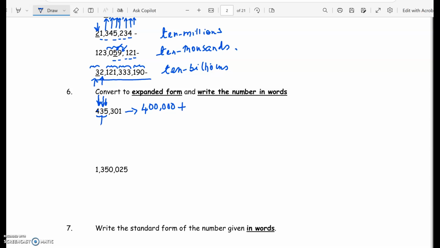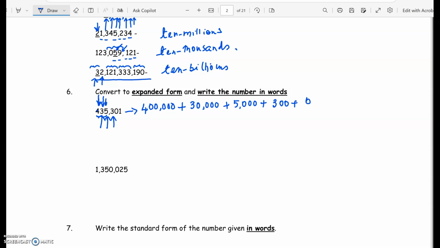Plus, the next one is in the 10,000s place. 3 is not a 3, but it's a 3 times a 10,000, which is a 30,000. The 5 is not a 5, it's in the thousands place, so it's a 5,000. Plus, the 3 is in the hundreds place, so it's a 300.